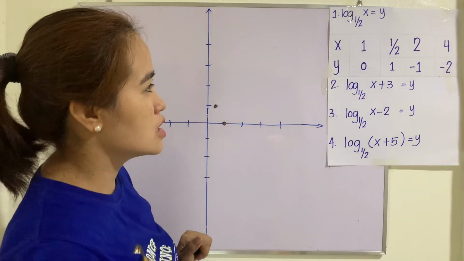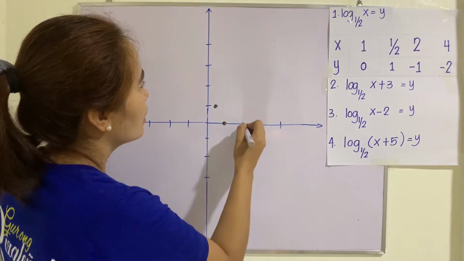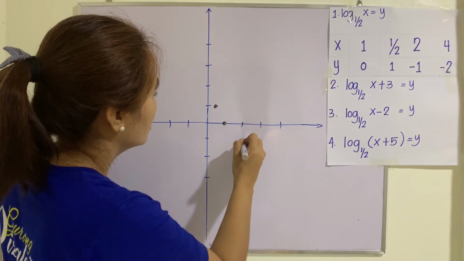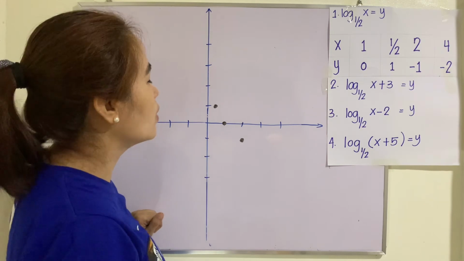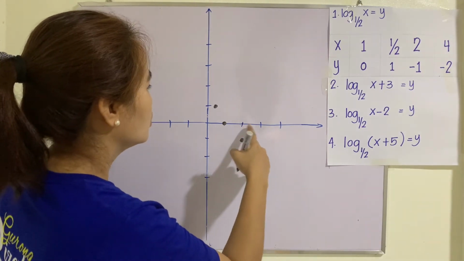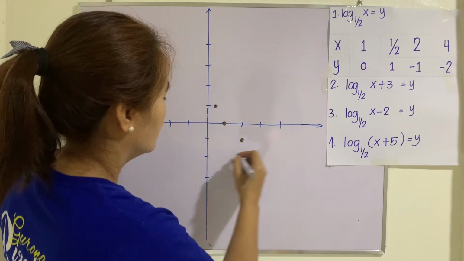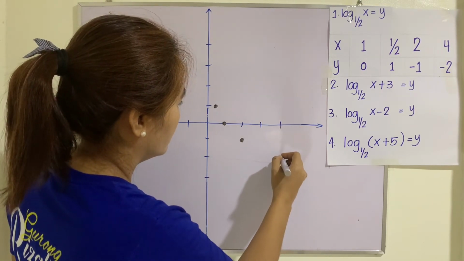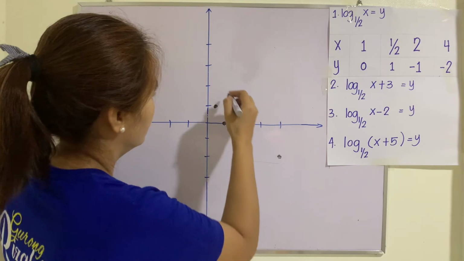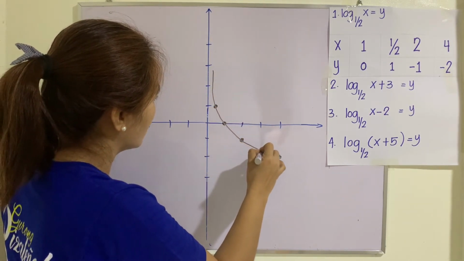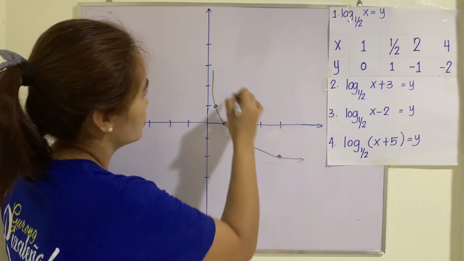If x is 2, that will be negative 1. And if x is 4, that will be negative 2. Okay. So this is the graph. Again, this is asymptotic to x is equal to 0.